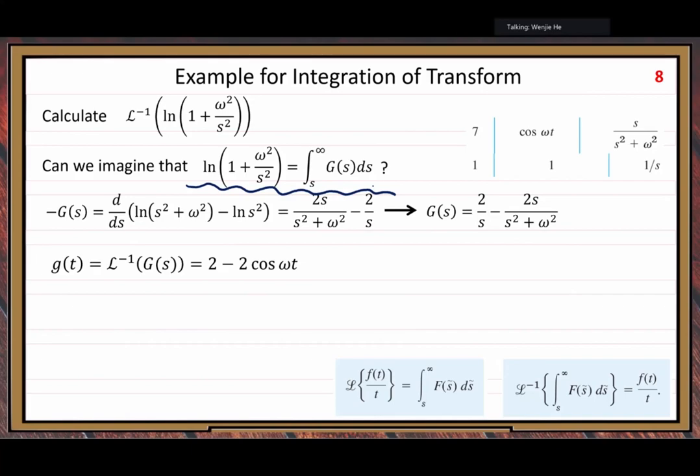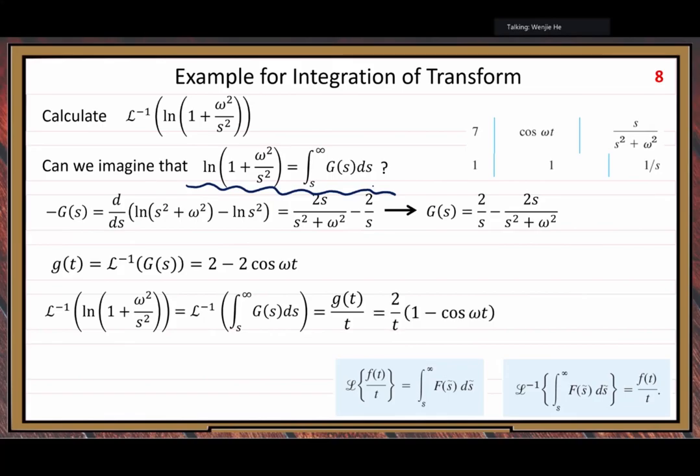So we apply the second Laplace inverse formula. Then we can write the final result equals this integral. Then by that formula, little g of t over t, little g, we have it over t, so we can write.